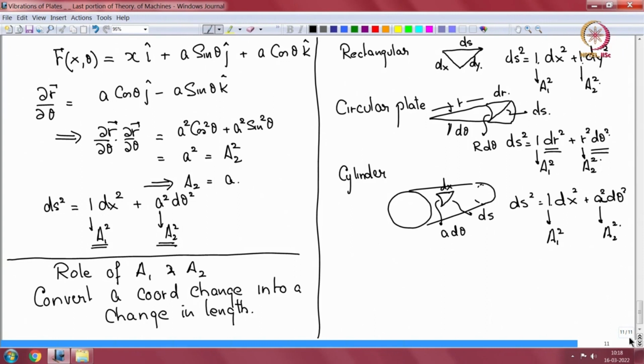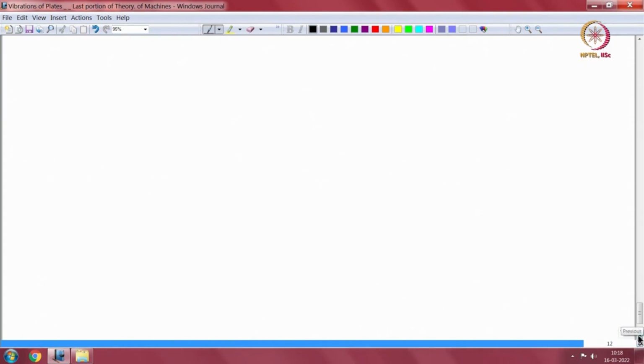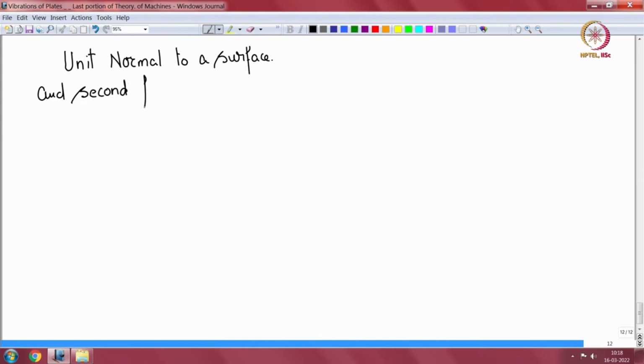So the next idea is related to the unit normal to a surface and what is called the second fundamental form.